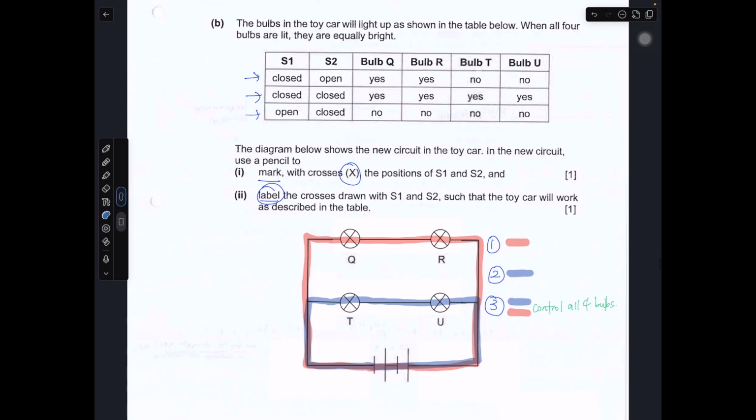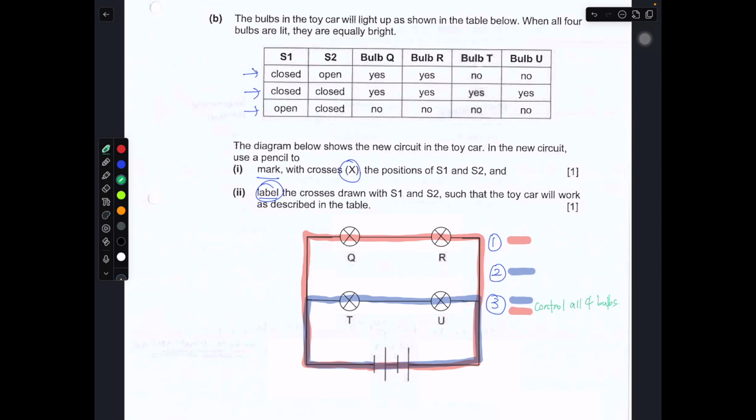Number 1 you probably can control Q and R. Number 2, which is this part over here, you can control T and U. So I can divide them into these few positions. Let's take a look at the information.